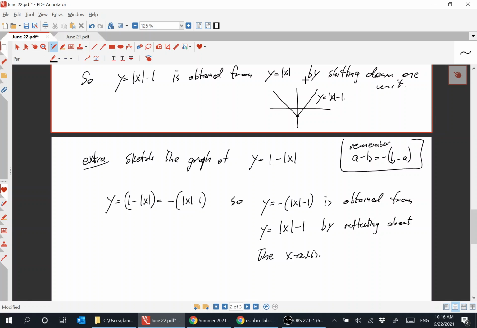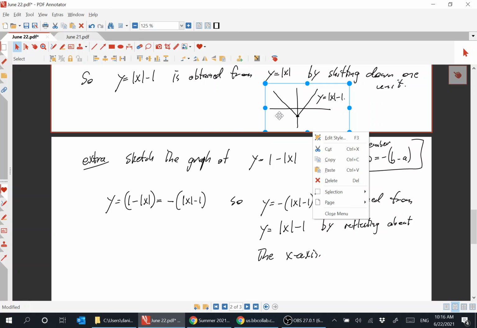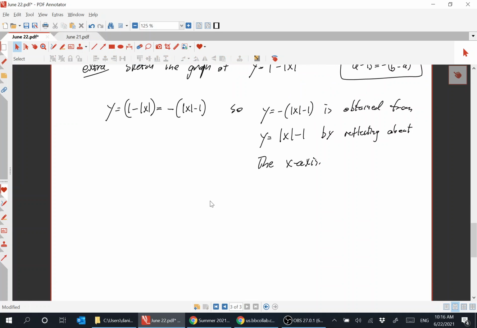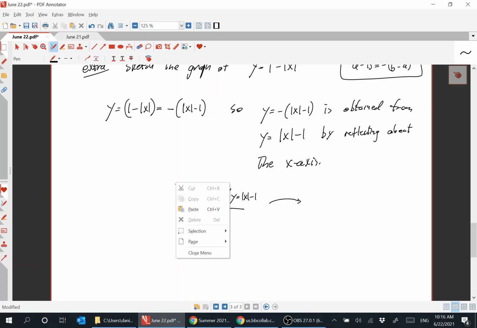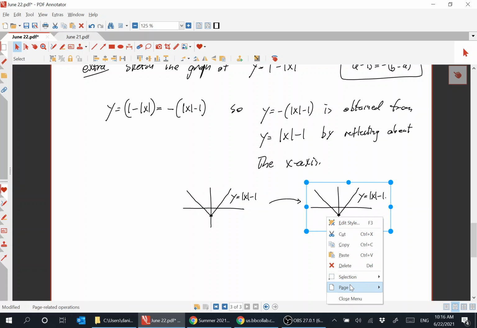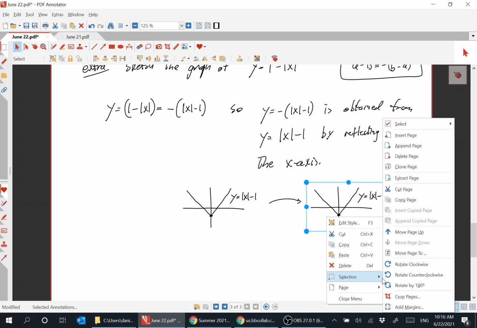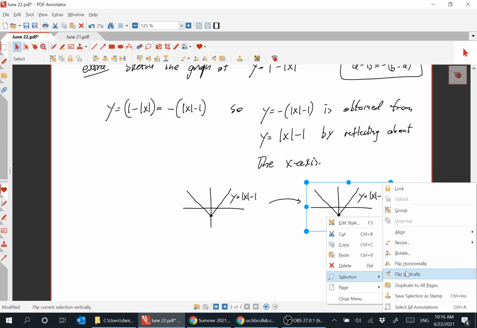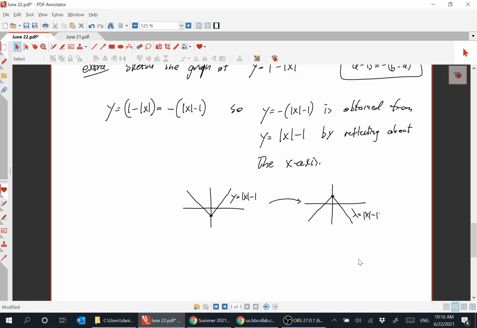So this is y equals absolute x minus 1. If I take that graph and I reflect it around the x-axis, then I get the graph that we're looking for.